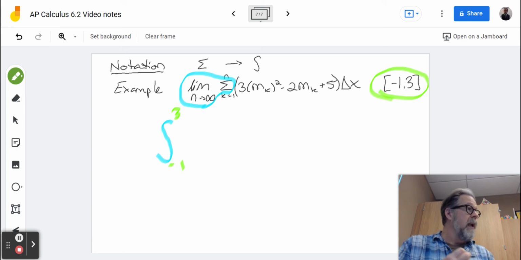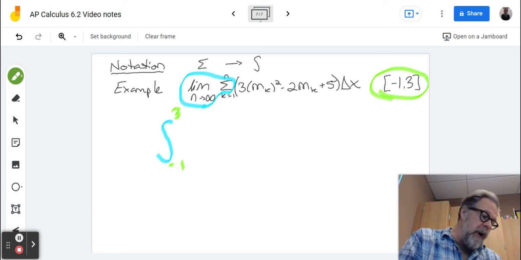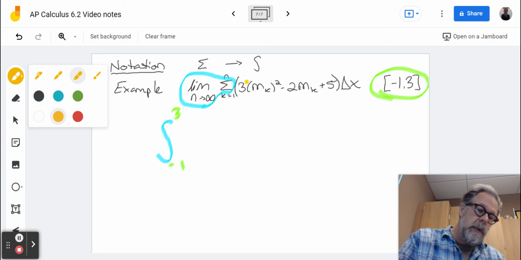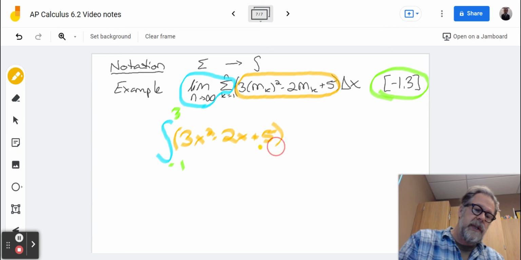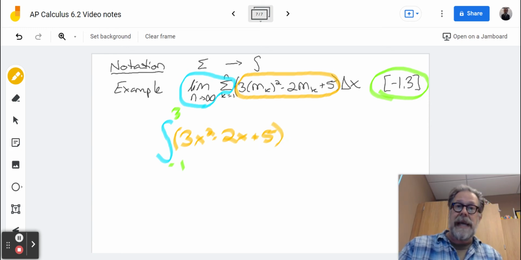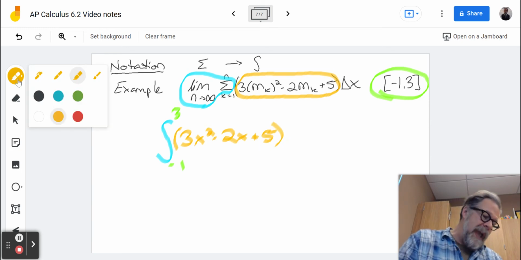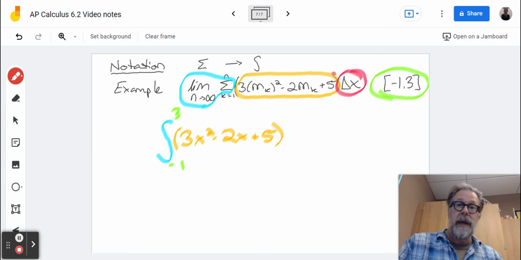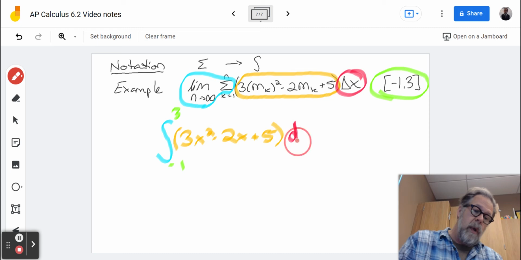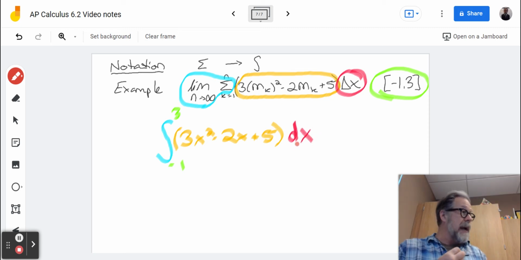Our function, we're going to rewrite this as 3x squared minus 2x plus 5, because this is in fact just a parabola. And finally, delta x. Remember when we take the limit as delta x goes to 0, we end up with dx. So there's the four parts.